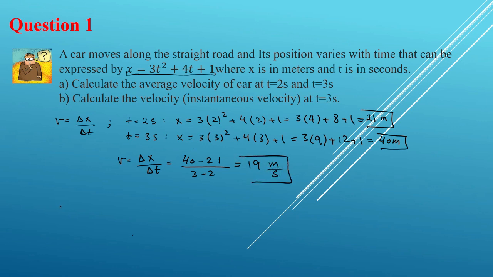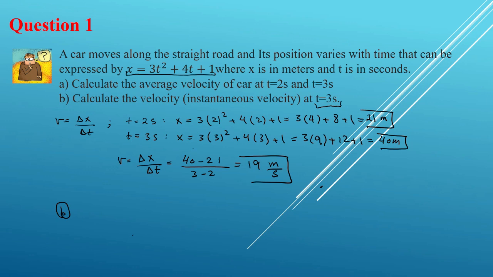How about part B? So here it asks me to calculate the velocity, or instantaneous velocity. So whenever you see velocity in your problem and you only see a specific time, like here it's t equal to 3 seconds, it usually means you should calculate the instantaneous velocity.